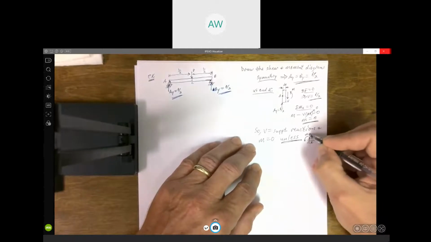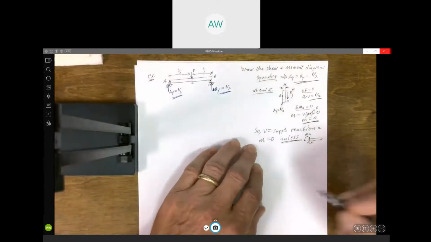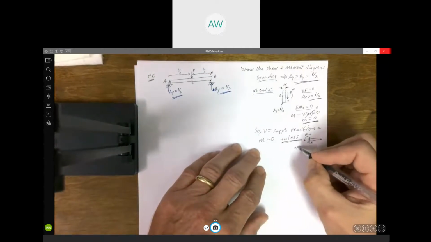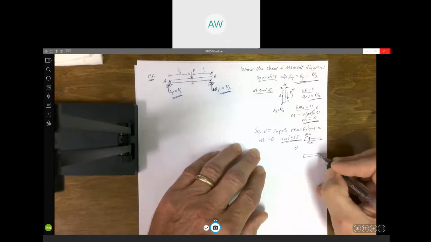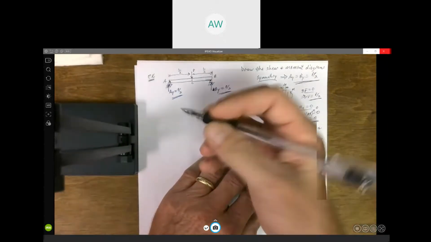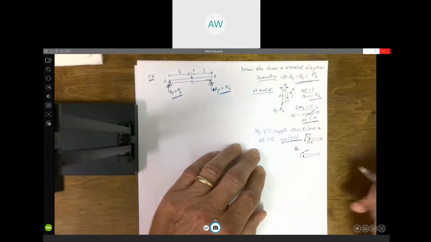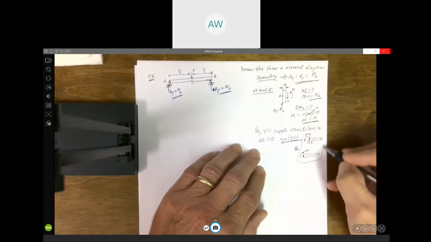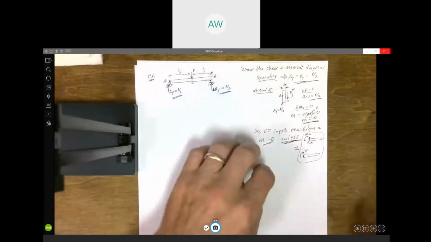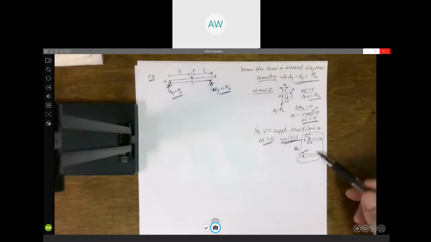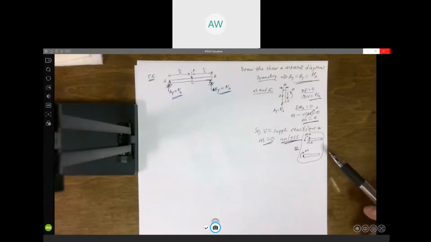You're going to have a reaction moment, so the moment would be whatever that reaction moment is. Or you could have a pin support with some applied moment there. Those are the only two ways the moment's not going to be 0: a fixed support or an applied moment at the end of the beam.